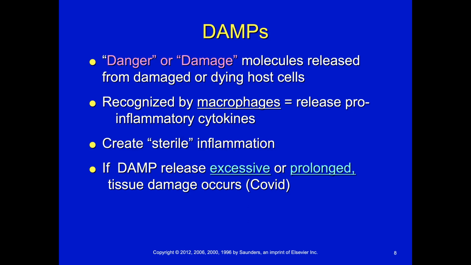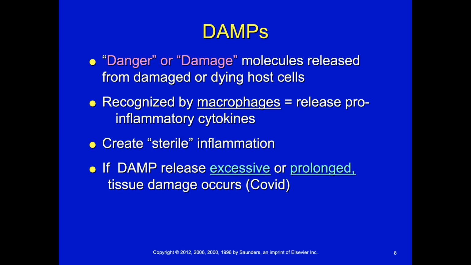So you will get danger signals being sent from cells that are initially infected with something. Damage signals come more from the cells that have actually undergone injury or are dying from necrosis, and they are releasing their cellular contents into the environment around them.